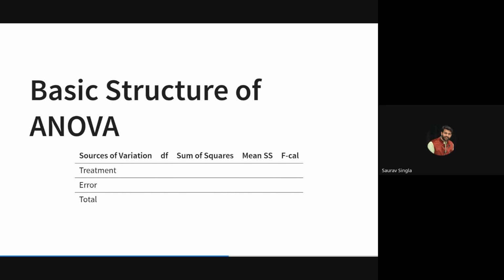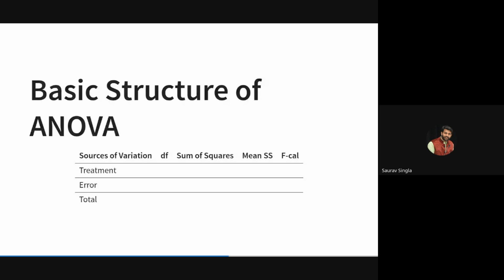So in this scenario, you want to check if the variation caused by treatment is significantly higher than the variation caused by the error. Here you get the variance of treatment, and here you get the variance of the error, and you calculate F as the variance of treatment divided by the variance of the error.